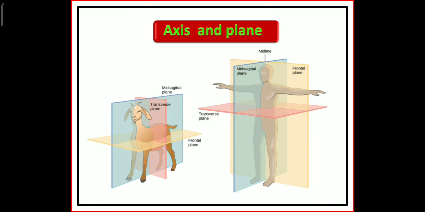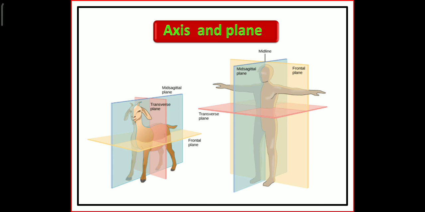Axis and plane. In bilateral animals, there are hypothetical lines along the body center. These are known as axes. The axis that passes from head to tail is called the longitudinal axis. Another is called the transverse axis, which passes transversely in the body.